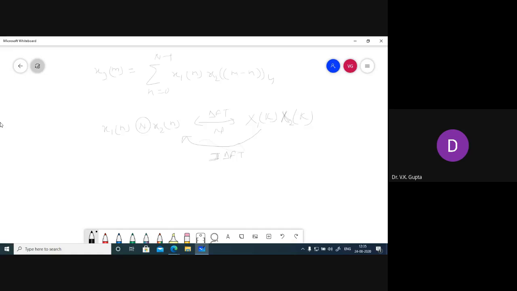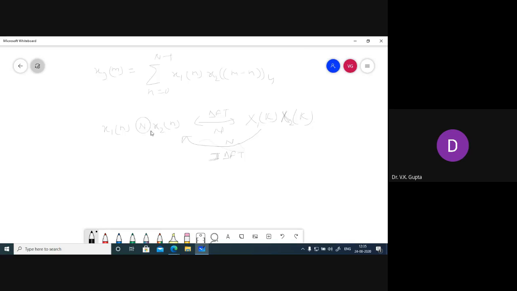So we first find the DFT of the first sequence, then the DFT of the second sequence, then we multiply these two, and finding the IDFT will give you the circular convolution of these two sequences.